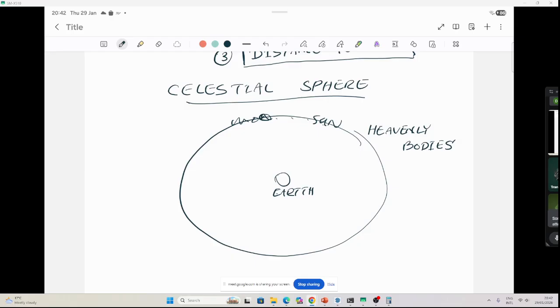He basically said no, the Earth is moving around the sun, and he was just about to be killed because of that. But anyway, now we know that we are moving around the sun, but relatively, what you see is that Earth is stationary, right? Sun, moon, and all the other heavenly bodies are moving around us, right? So this sphere we call the celestial sphere.